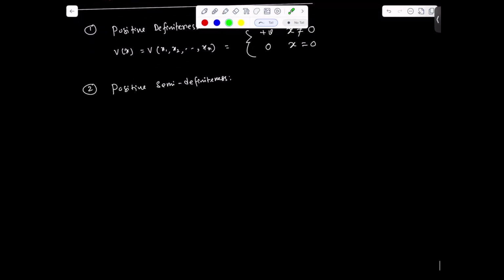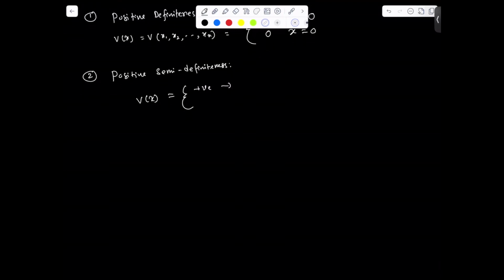So we can write that V of x will be positive for any state in the state space except some points, and at x equal to 0, which belongs to R^n, V of x will be 0.